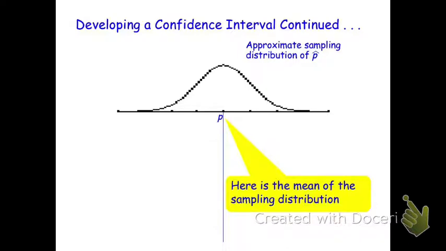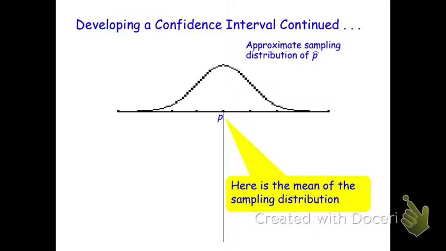Wait, why is it 95%? Because it gives us 95%. It's the middle 95%. It branches out from the middle. You don't start at the left, you start from the middle.